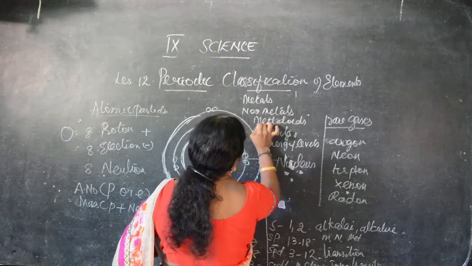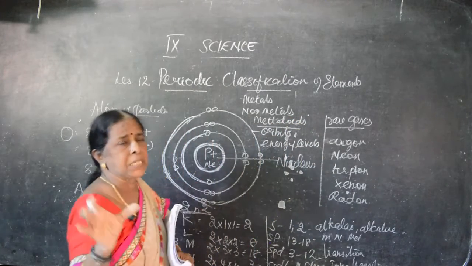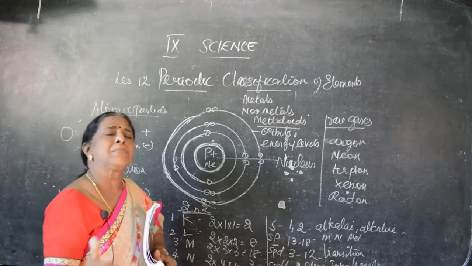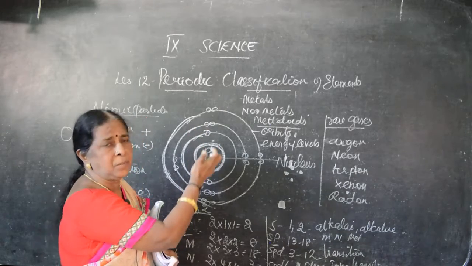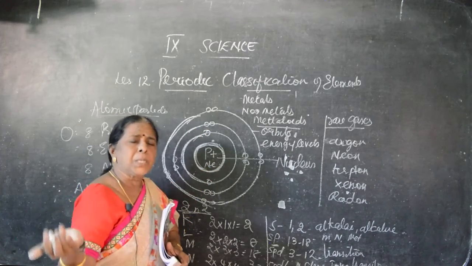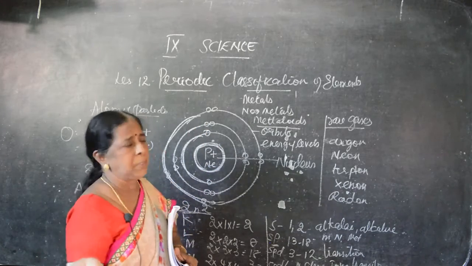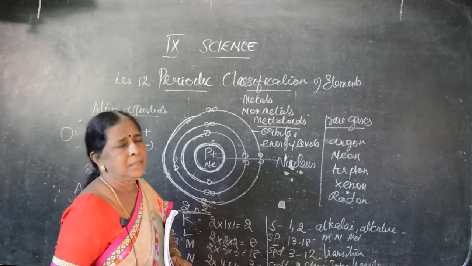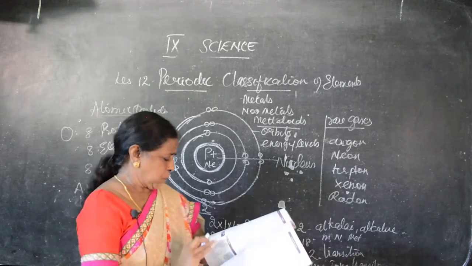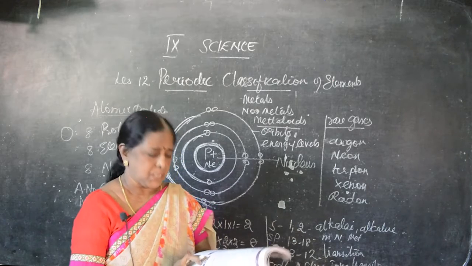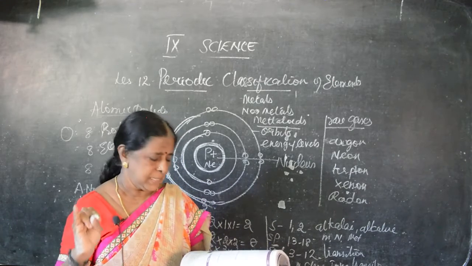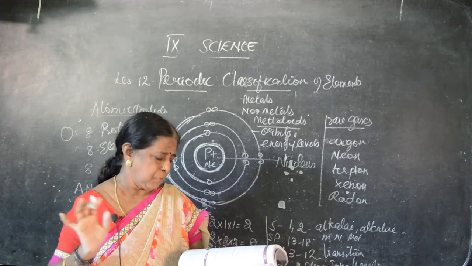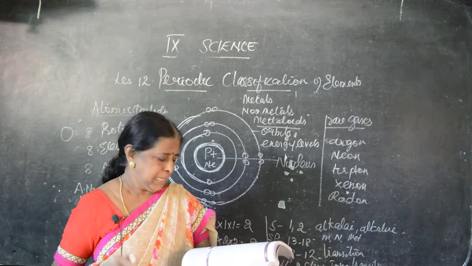So, how can we classify them? Metals have special characteristics. The elements which have those characteristics are arranged under metals. Those which do not have them are arranged as non-metals. And metalloids are intermediate between metals and non-metals. Generally, all metals are hard, shiny, malleable, fusible and ductile.